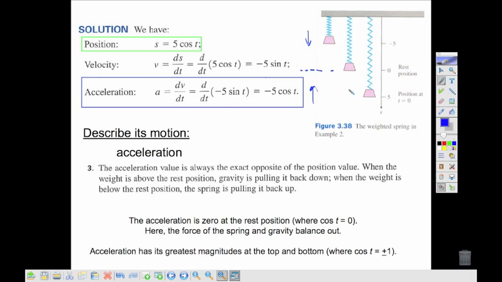If we also think about acceleration as going towards a certain force, when the spring is below here, the spring is what's actually pulling it up, and so the force that's acting on it, causing it to accelerate, is the spring. Whereas when we get to the top, acceleration is going to have the most force on it, and it's going to be pulling it down. And when we're in the middle, it's going to be balanced out.